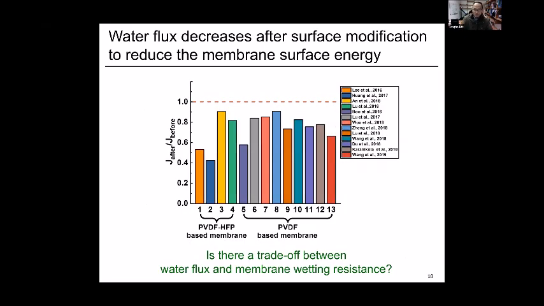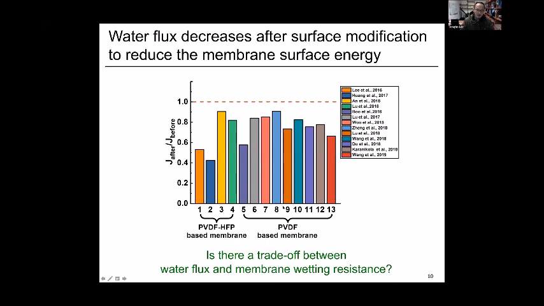What we noticed from recent studies of this wetting-resistant vapor gap membrane is that when a conventional hydrophobic porous membrane is modified to get higher wetting resistance, the water flux is decreased.